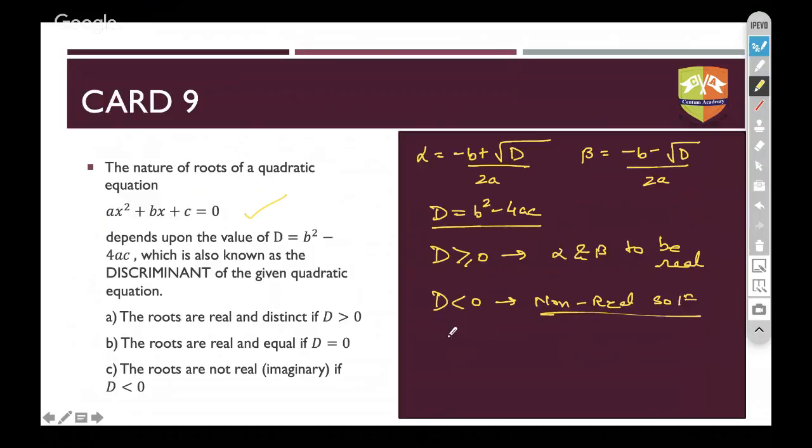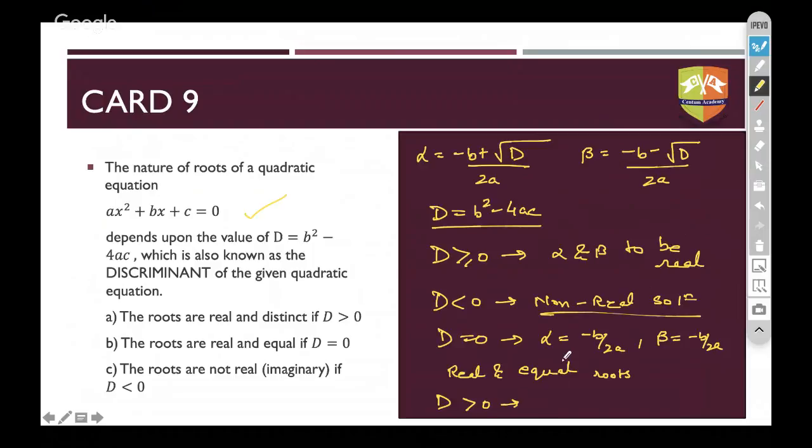And if D is equal to 0, then both the roots are equal. If you see, alpha is equal to minus b upon 2a, and beta is also equal to minus b upon 2a. So in this case, we say real and equal roots. Real roots are definitely real, but they are equal. And third, D is greater than 0.